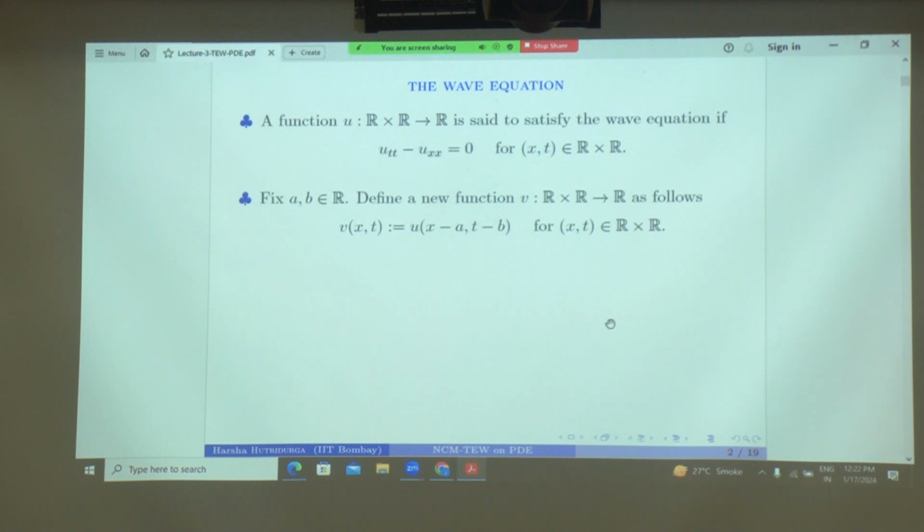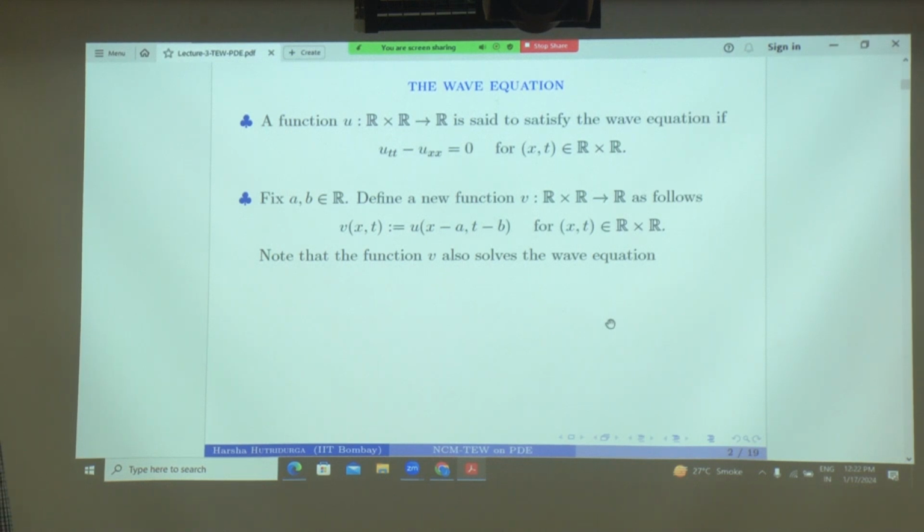The first observation is that this translate of u also solves the wave equation. So it's essentially a copy of u, but translated. v also solves the wave equation, and this you can verify.